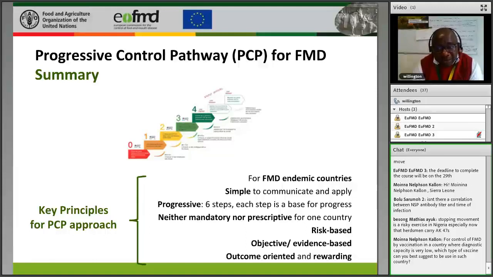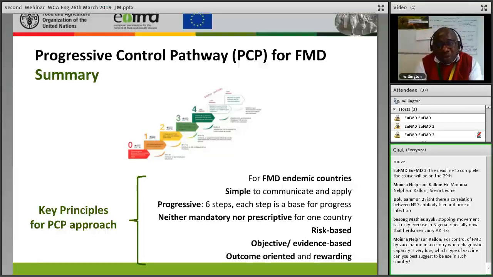So the country, for instance, elaborates a program that actually helps to reduce the risk of foot and mouth disease. Then stage 4 is a stage whereby the OIE officially recognizes the national FMD control program of a country.